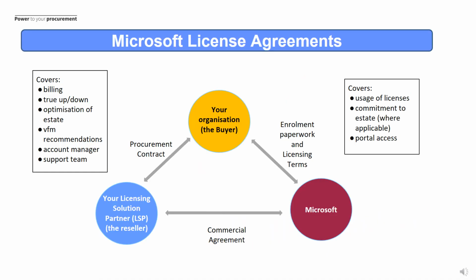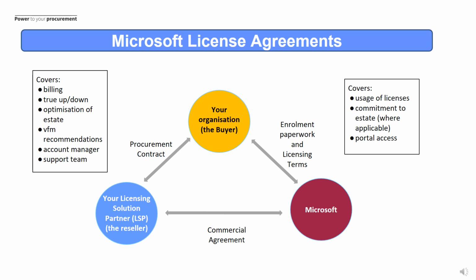So I thought it was worth going through some background on the structure of your Microsoft license agreements before we launch into a bit more detail about the pricing and how that's made up. Your Microsoft license agreements will have yourselves as the buying organisation. That's represented by the circle at the top of this slide.